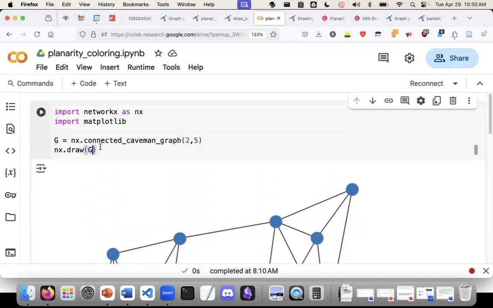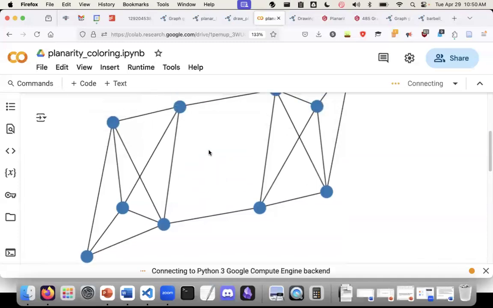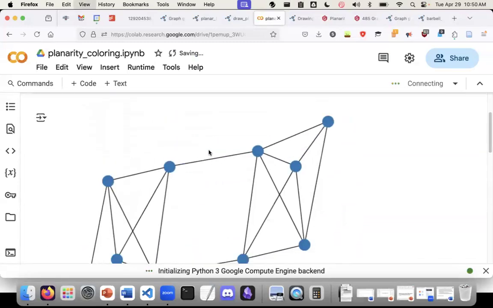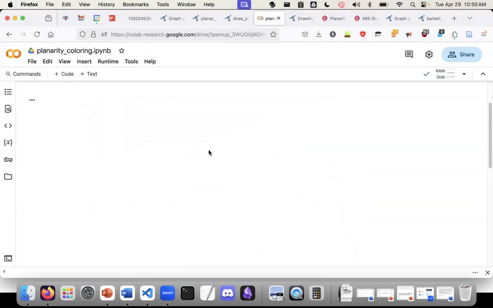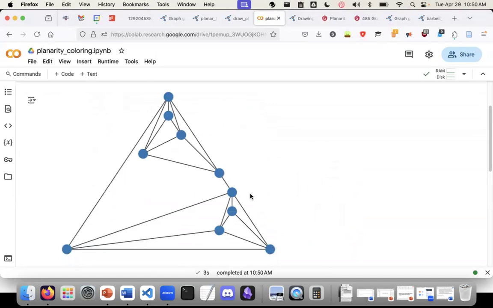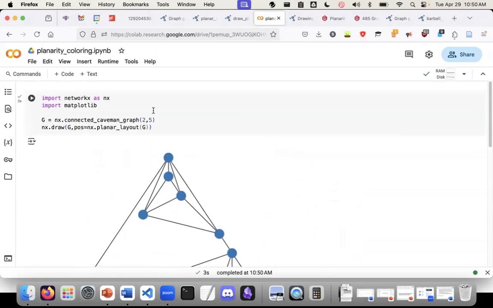And then you can verify that with the option to draw the planar layout. And so if we do that and give it a second to run, then it can draw it, if it's planar, then it can draw it like that for us.